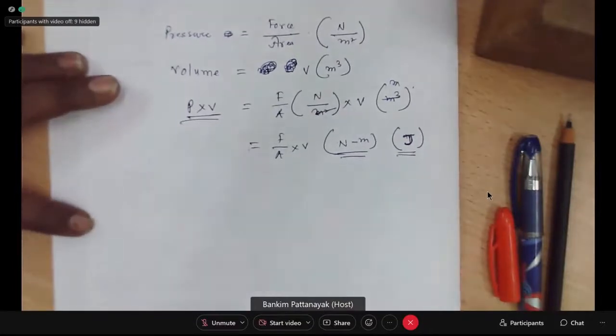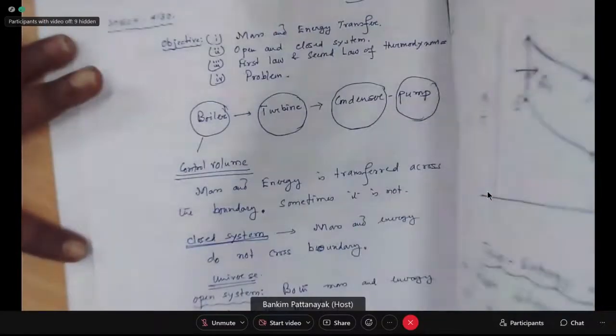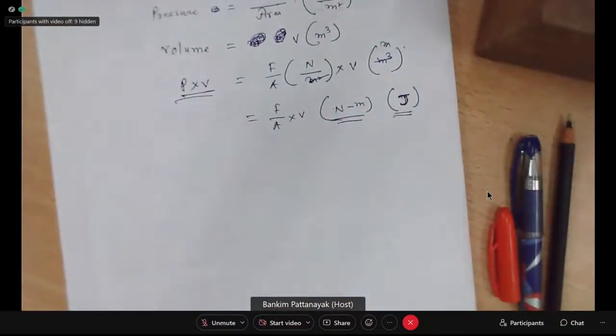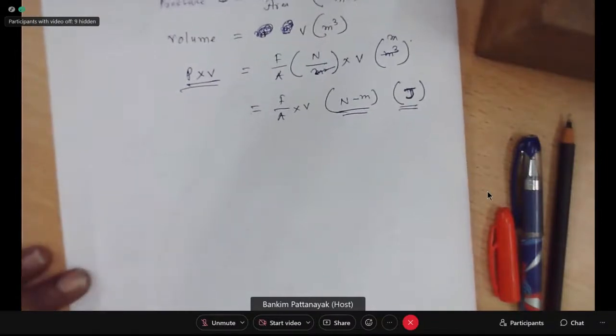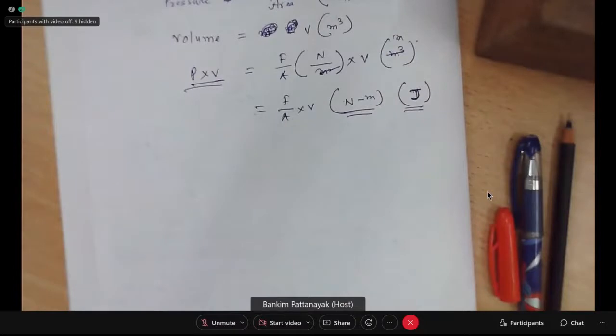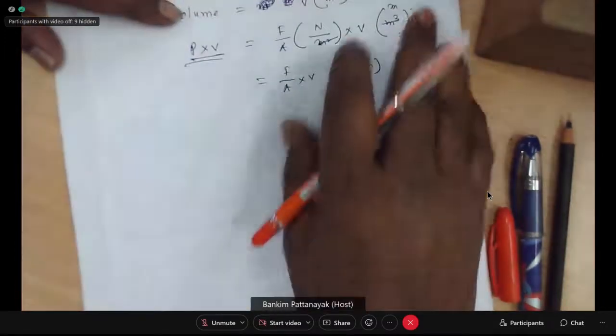One more thing I would like to discuss. First law of thermodynamics for a cycle, first law of thermodynamics for a process we have defined. Now, one more thing is specific heat.